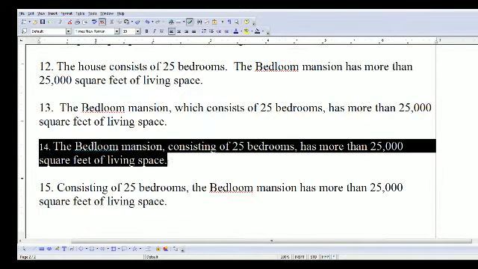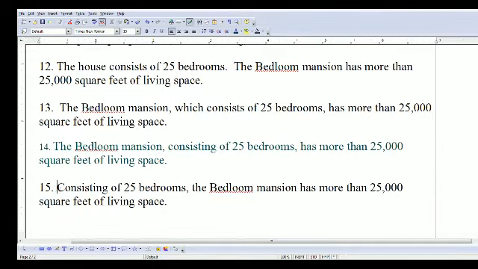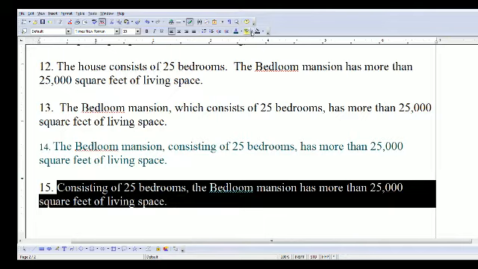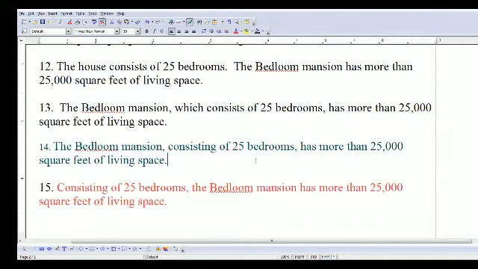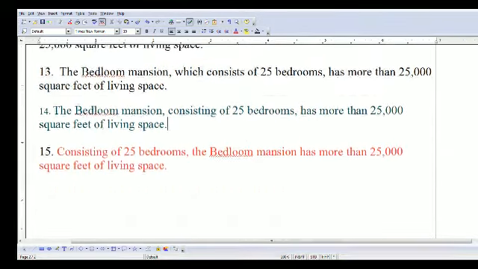Okay, let's color these. We're going to look at all of them one more time. Okay, so that is it.